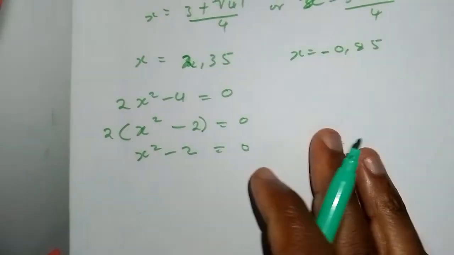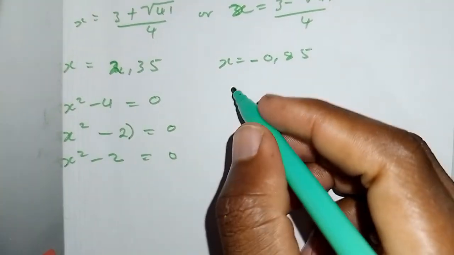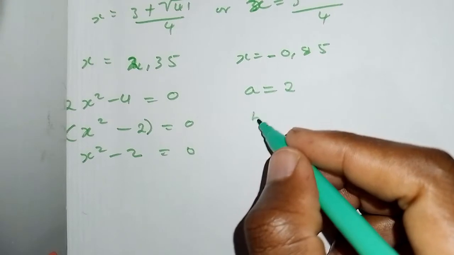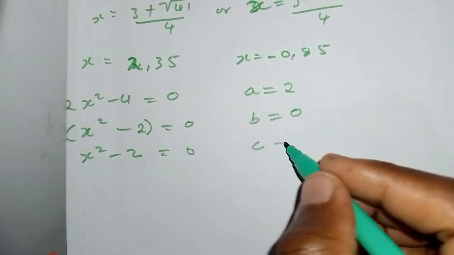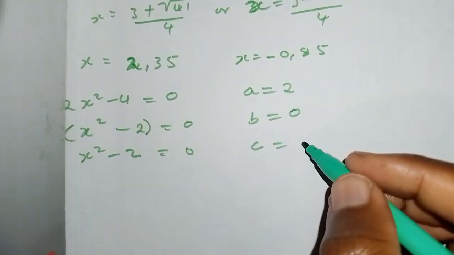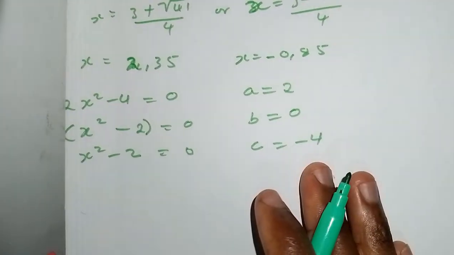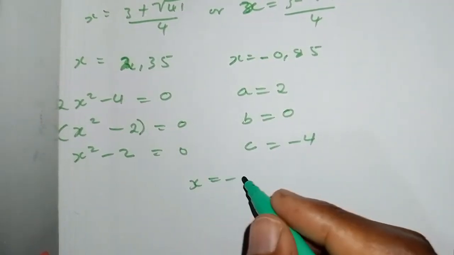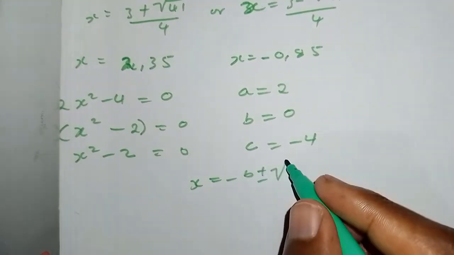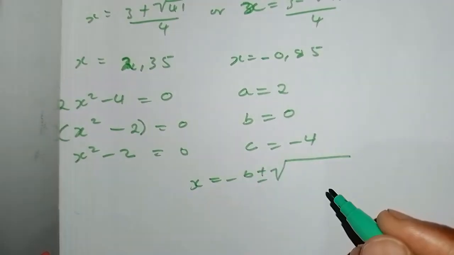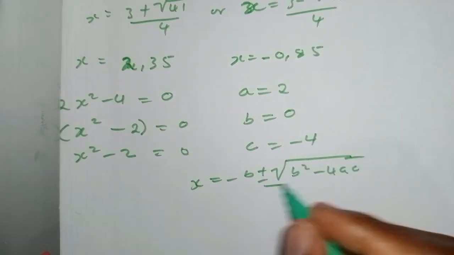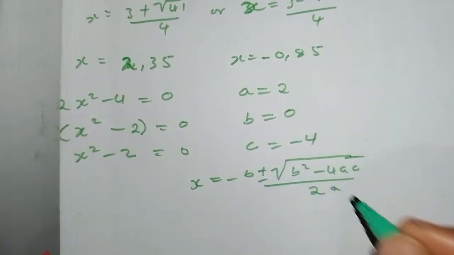But it's similar to me saying, okay, the value of a is equal to 2, the value of b is equal to 0, the value of c is equal to negative 4, right? Then use the quadratic equation: x equals minus b plus or minus square root of b squared minus 4ac, all over 2 into a.